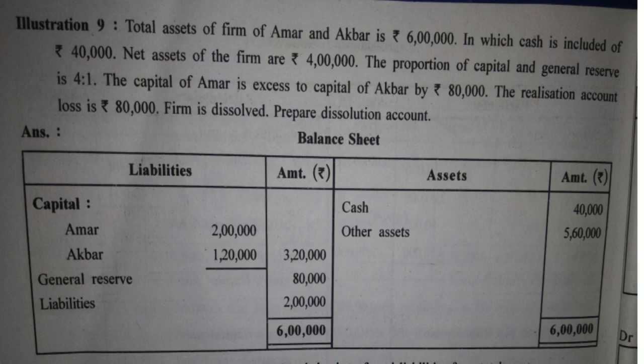The proportion of capital and general reserve is 4:1. The capital of Amar is excess to the capital of Akbar by rupees 80,000. The realization account loss is rupees 80,000. The firm is dissolved. Prepare dissolution account. This means prepare necessary accounts at the time of dissolution.